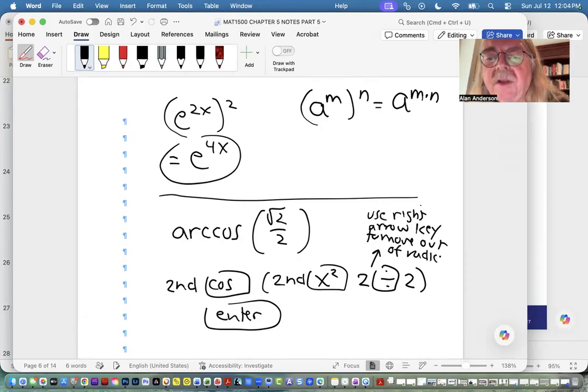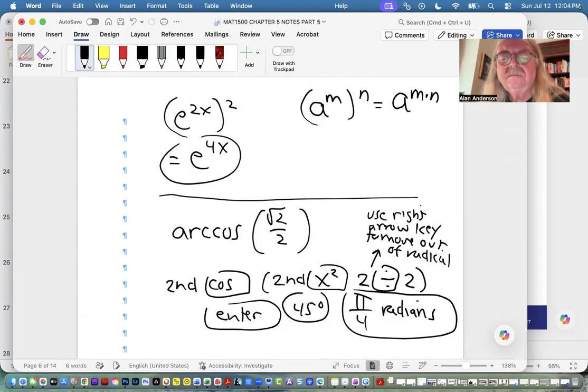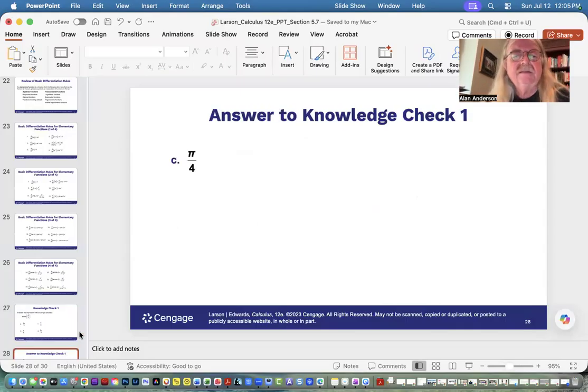Then you can go ahead and apply the division, and I got 45 degrees or pi over 4 radians, which is C. Okay, great.